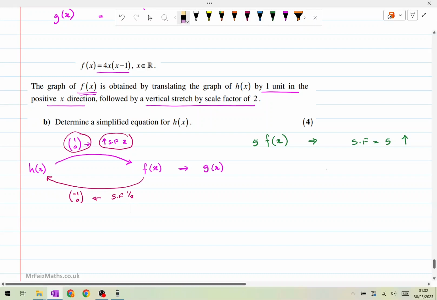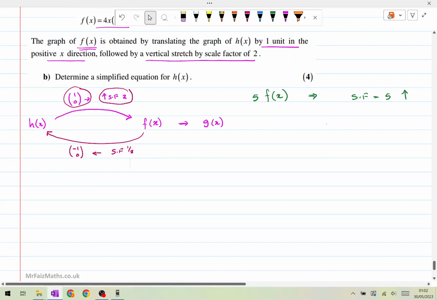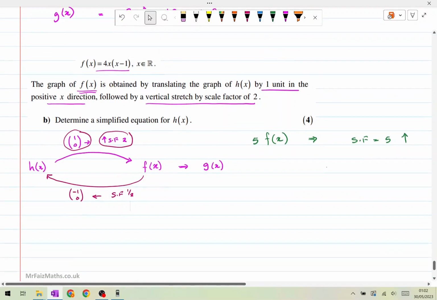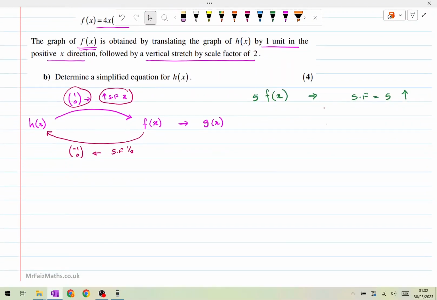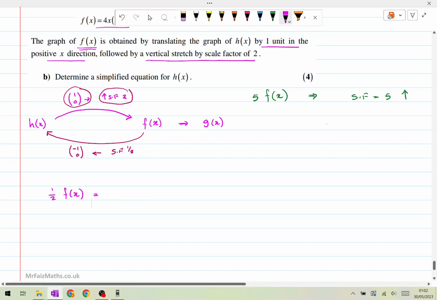So we'll think about what the two function forms are that we need. So, stretch by scale factor half: we just need to take half of f of x, because that is what will stretch in the y direction by scale factor half.